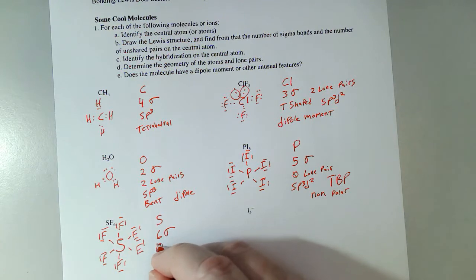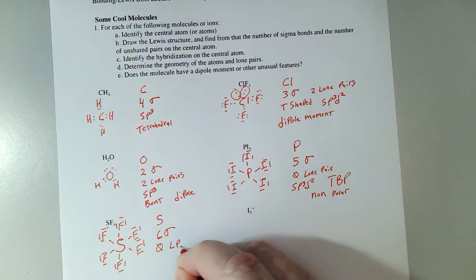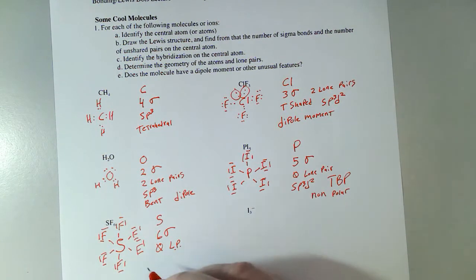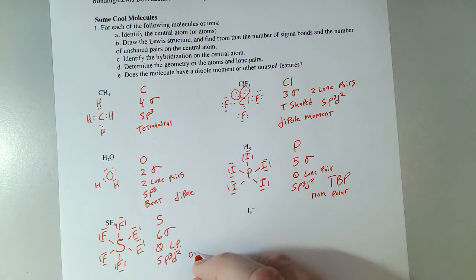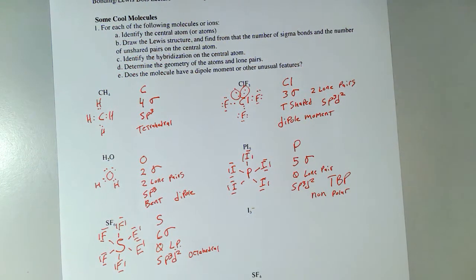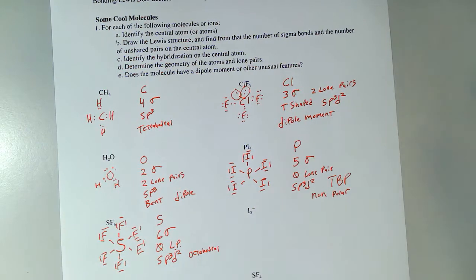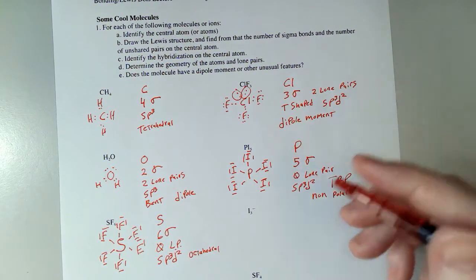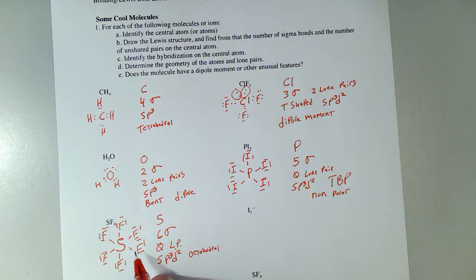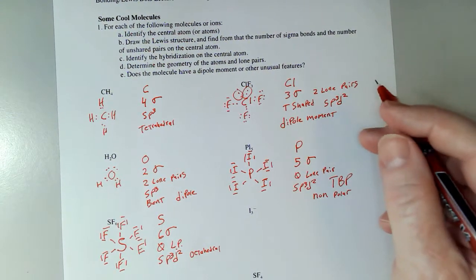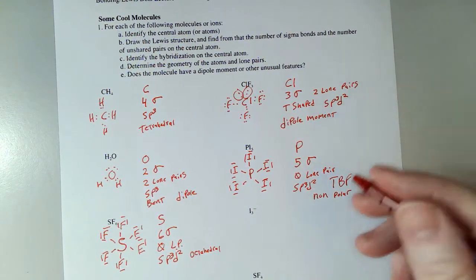No lone pairs on the central atom. 0 lone pairs. Okay. With 6 things attached, that's sp3d2, and the shape is octahedral. And there's no interesting features really here, okay, except maybe you might want to say it sees more than an octet, but it doesn't have a dipole moment or anything like that.